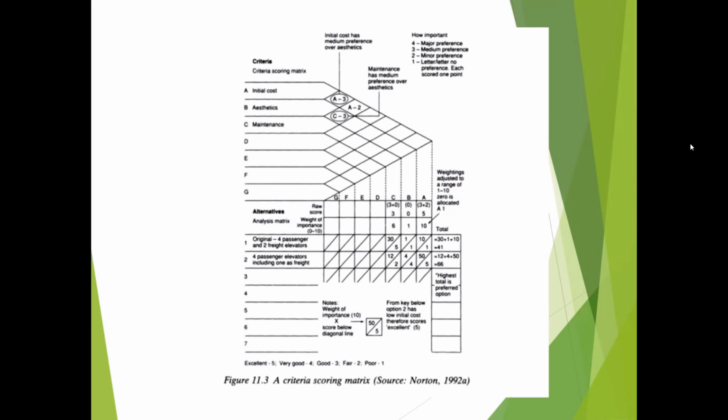So the first option receives the total score of 30 plus 1 plus 10, 41. Similarly, the second one receives the score of 12 plus 4 plus 50, so 66, right? And then out of these two options, the alternative with the highest total is the preferred option. Okay.